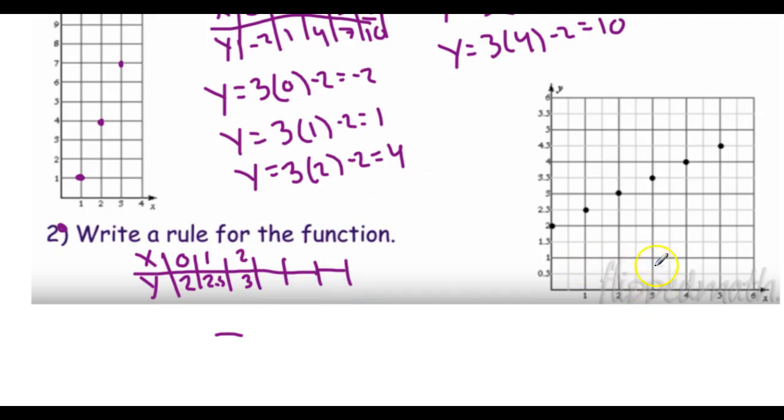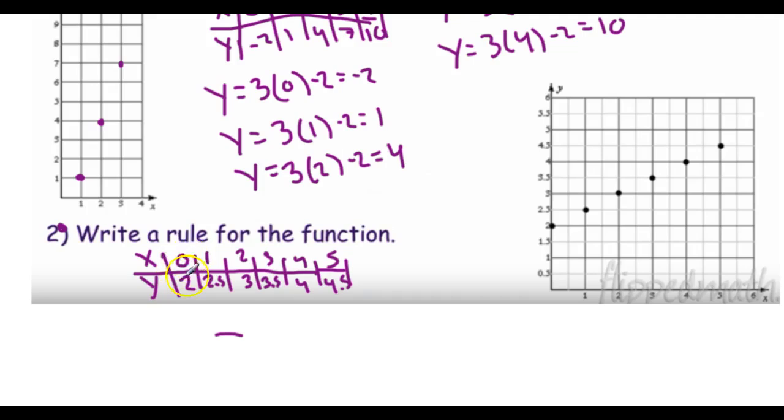Then 3 and, what was that, 5.5? Hang on. 3 and 3.5, my bad. Then 4, 4. And then 5, 4.5.